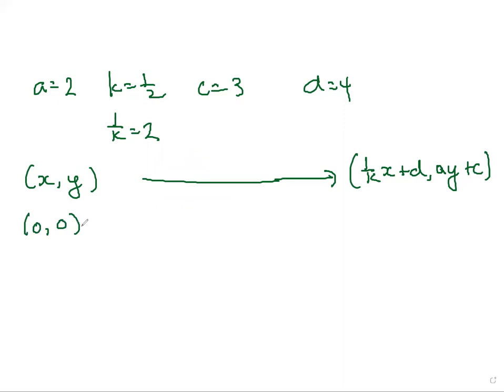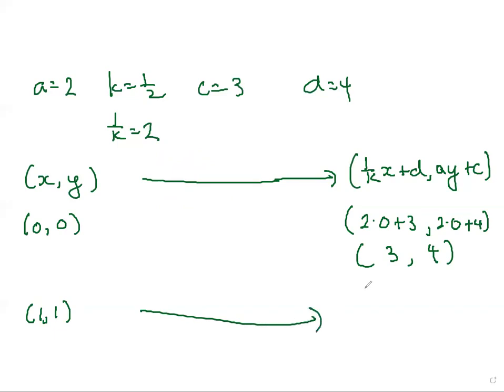My parent function had a 0, 0. That means it becomes 2 times 0 plus 3, comma, 2 times 0 plus 4. This becomes 3, 4. My parent function had a 1, 1, but that would be a 2 times the 1 plus 3, 2 times the 1 plus 4.